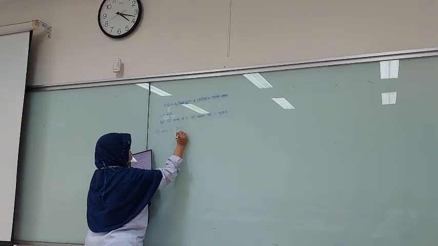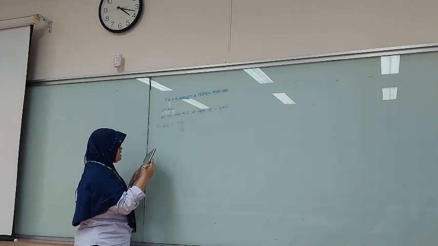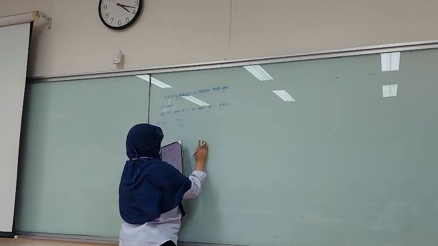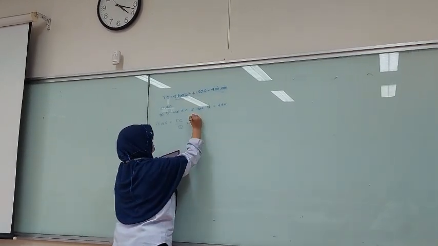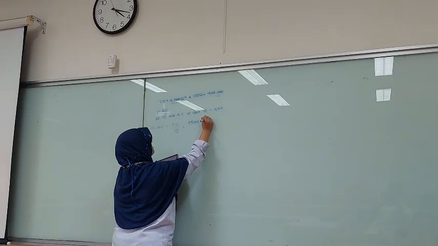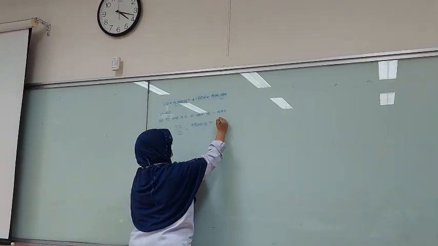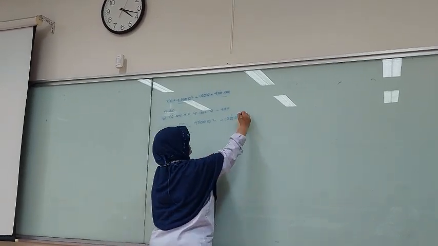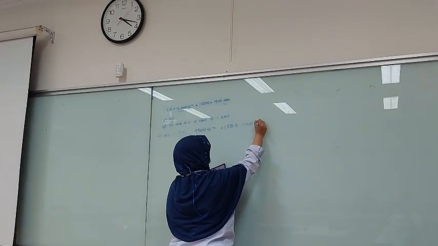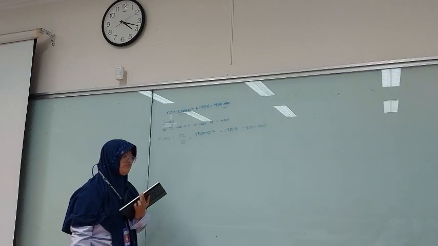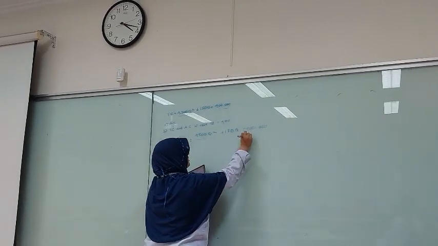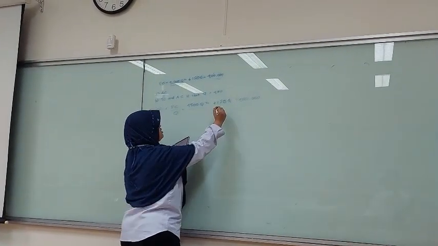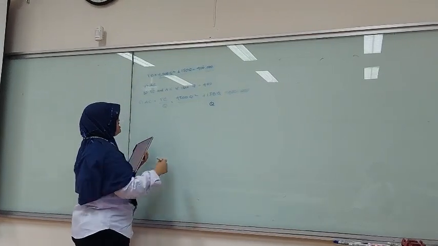So the AC is the TC divided by quantity. This one is already known, so we just put it here, plus 100 key, plus 400 here, divided by the quantity, which is key.